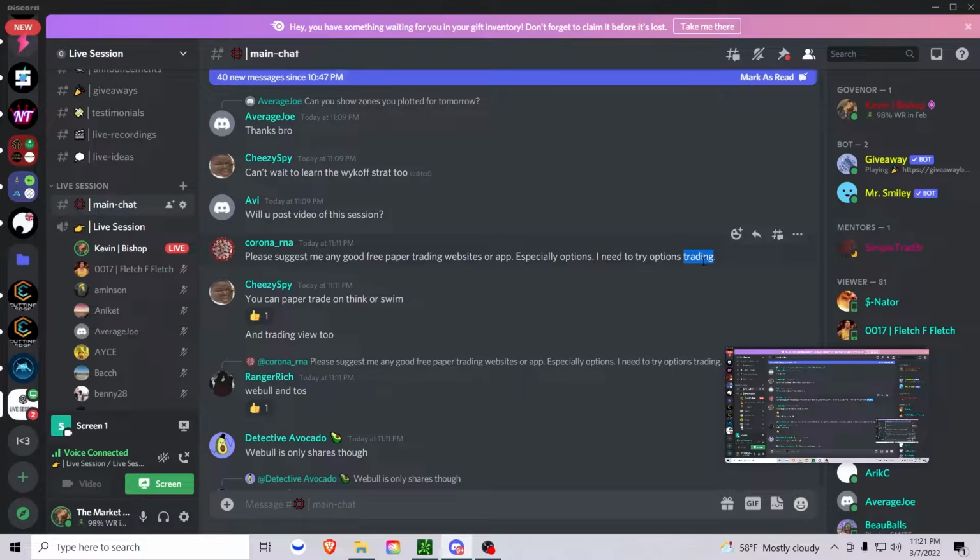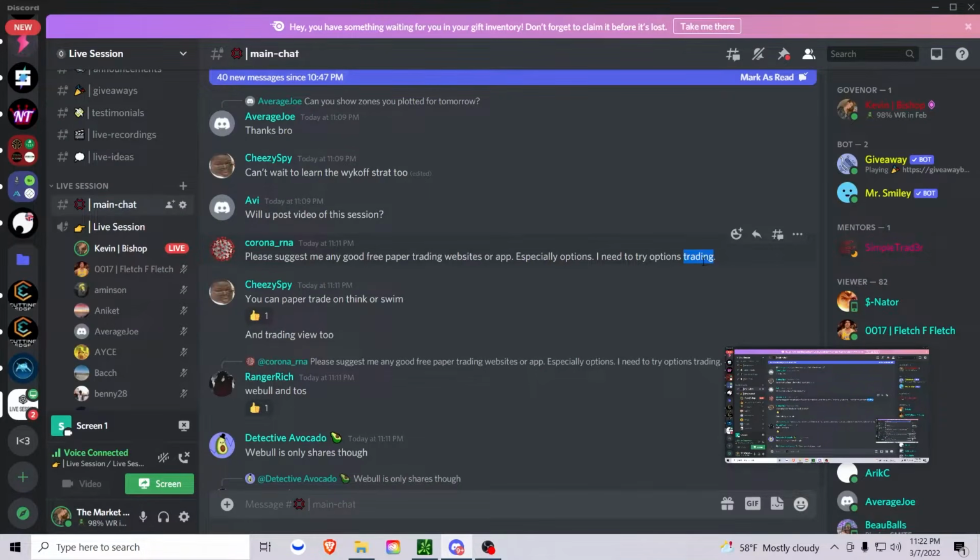So when it comes to paper trading options, if you can't find any good platform to do it on, just open up a Webull account, look at the option chain, and choose a time and a price that you would enter at. Write it down or note it on your phone, whatever, and just track the price and pretend that you're in a trade. That's the only other option.